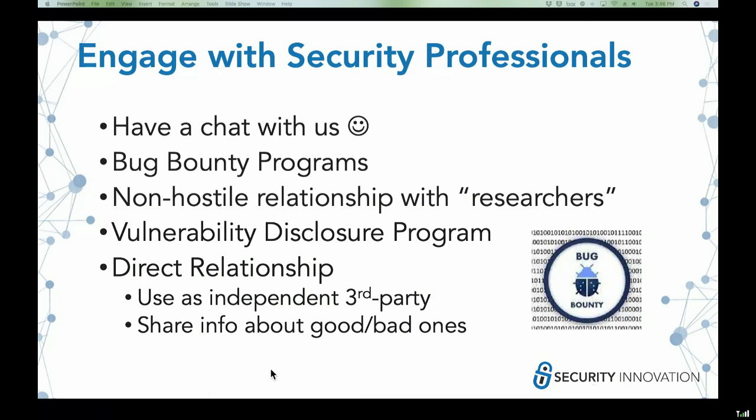And then finally, form a direct relationship with some independent third party. Don't be afraid to share information, good, bad, or ugly, with your peers, whether as part of an ISAC, an information sharing group, or even informally at conferences and trade shows. All of these five or six recommendations can be useful to you and can provide you with some very rich information.